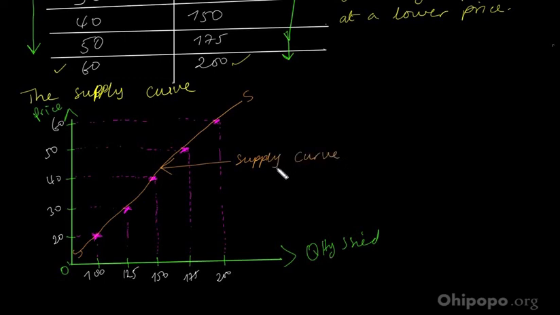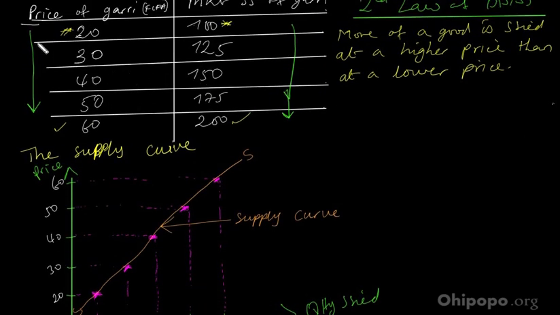Now, if you look carefully, you see that the supply curve slopes upward from left to right, unlike the demand curve that slopes downward. Now, back to our table. You see that when price increases, quantity supplied also increases. It shows that price and quantity supplied have a direct relationship.